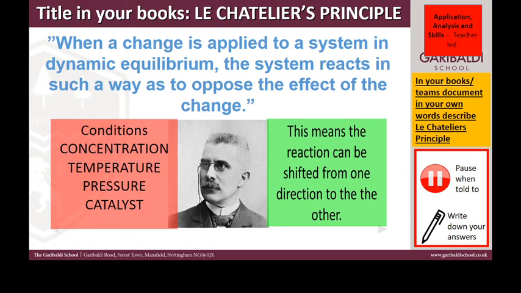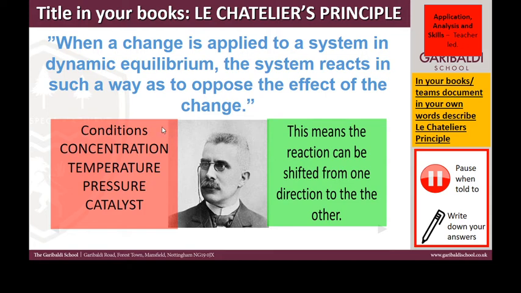Okay, so, when a change is applied to a system in dynamic equilibrium, the system reacts in such a way as to oppose the effect of the change. So you make a change, the dynamic equilibrium is shifting. It wants to go back to equilibrium, so therefore it will oppose the effect to make sure it can go back to equilibrium. And remember, we talked about some of the conditions you can change.